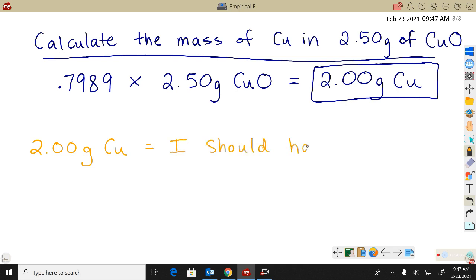Based on theoretical percentages, any sample of CuO should be about 79% copper by mass. So 79% of my original sample should have been copper. So I should have had about 2 grams of copper.